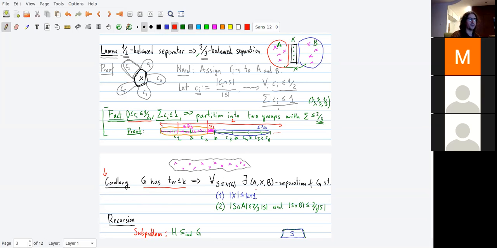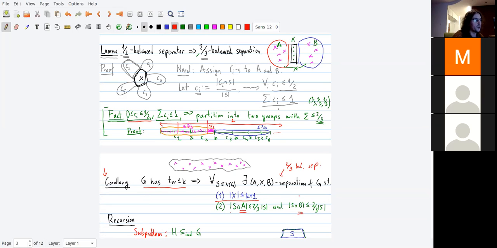And from it, I can find a 2/3 balance separation, which is a partition of the vertex set into A, X, and B, such that there is no edge between A and B. The separator is of size at most k plus 1, because it's the same separator we had from the half-balance separator. And each of the sides, both A and B, has at most 2/3 of the vertices of S.